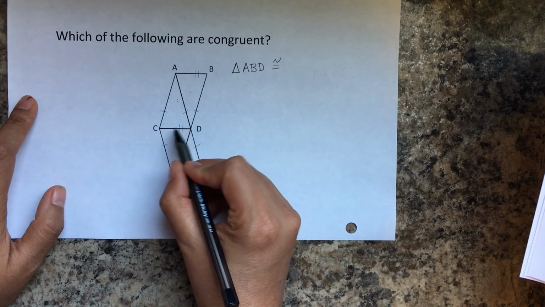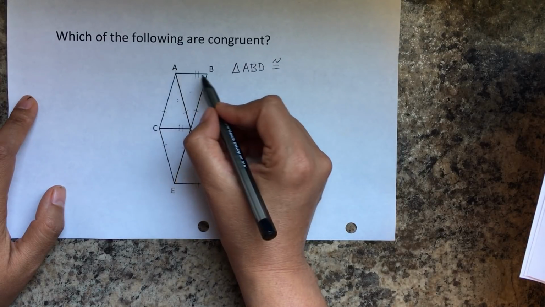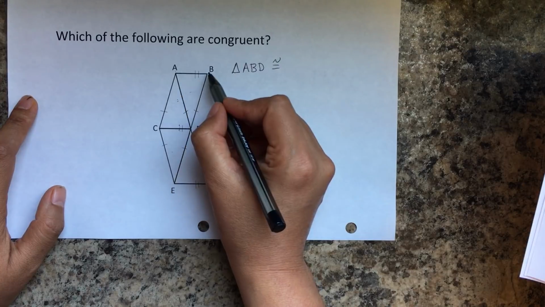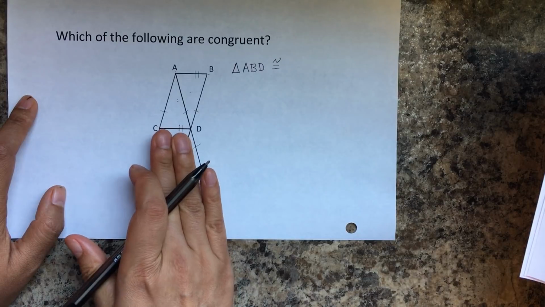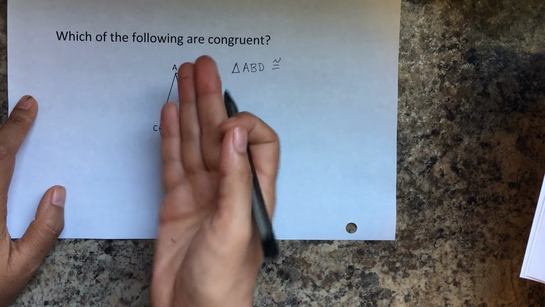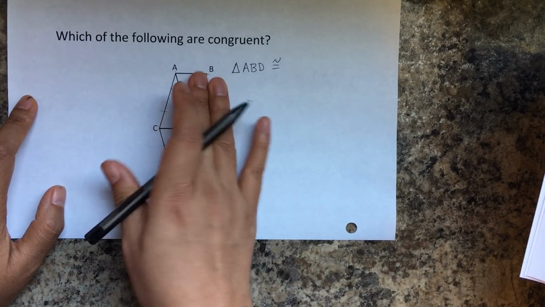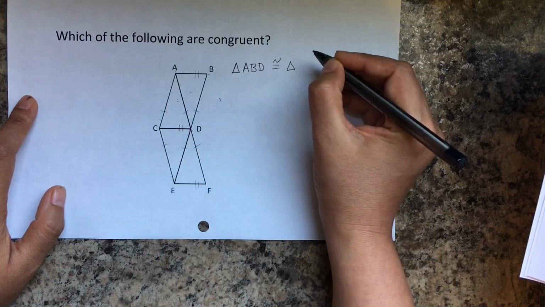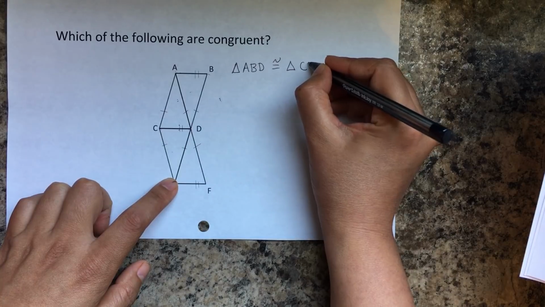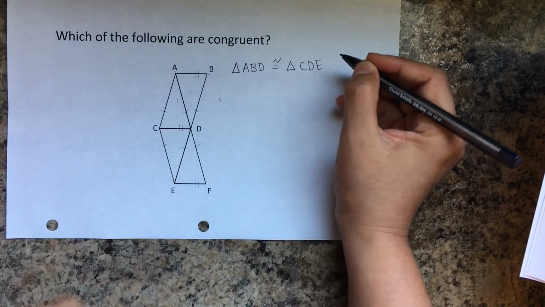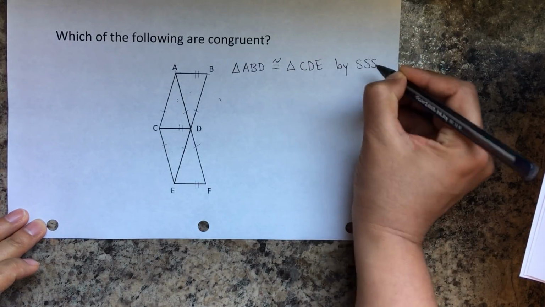In reality you don't know which of the 2 corresponds to A and which one corresponds to B, because they are isosceles triangles. So as far as you may know, this could be flipped, or maybe it could be simply translated. So it doesn't matter which one you write first. I'm going to put CDE, and it's by side, side, side.